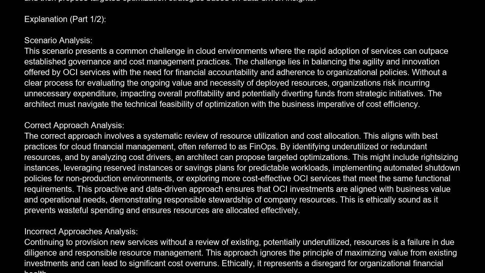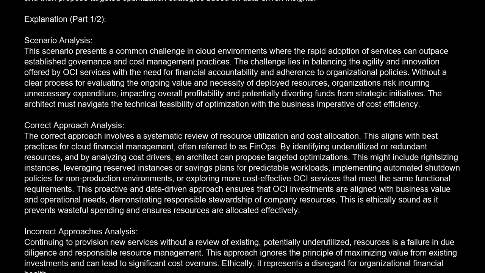This might include right-sizing instances, leveraging reserved instances or savings plans for predictable workloads, implementing automated shutdown policies for non-production environments, or exploring more cost-effective OCI services that meet the same functional requirements. This proactive and data-driven approach ensures that OCI investments are aligned with business value and operational needs, demonstrating responsible stewardship of company resources. This is ethically sound as it prevents wasteful spending and ensures resources are allocated effectively.